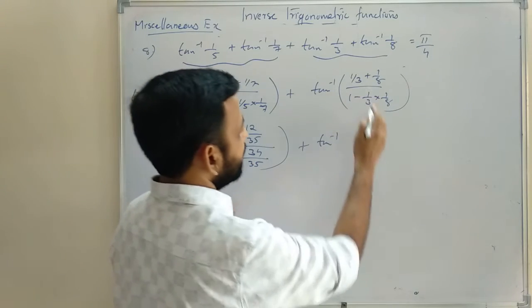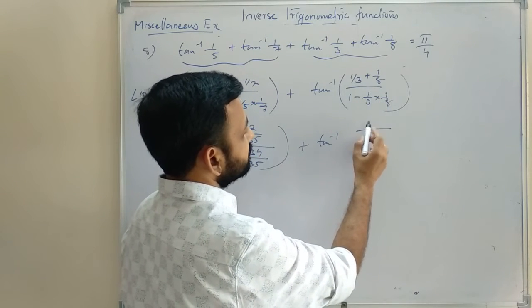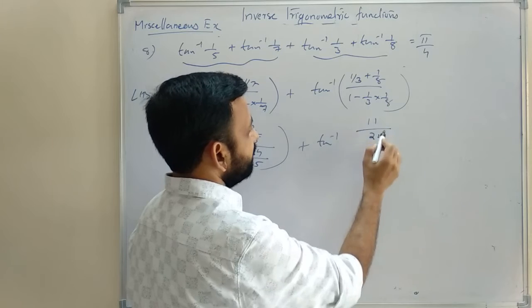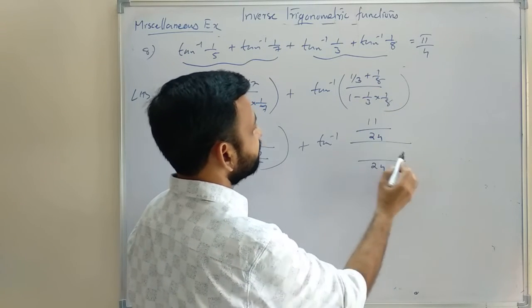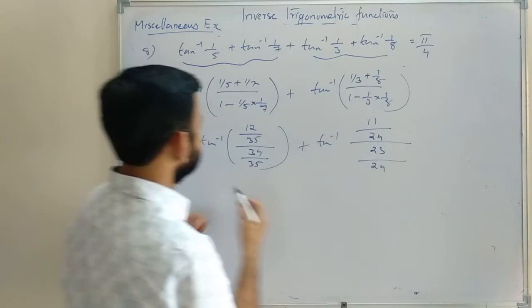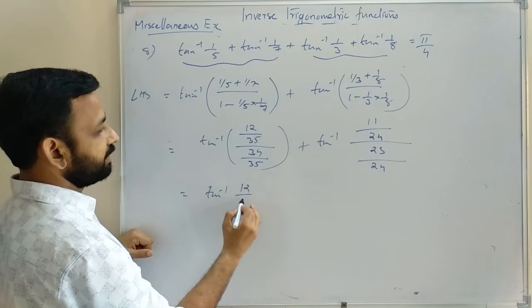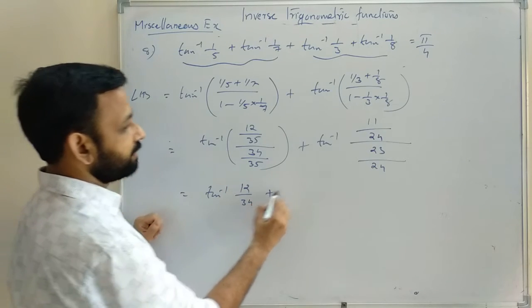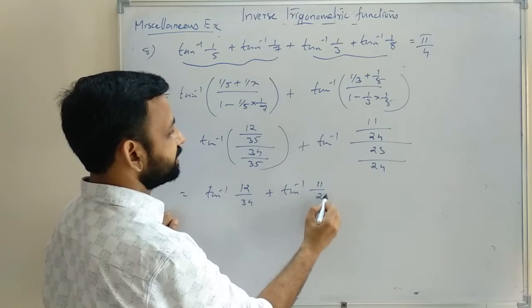And here LCM 24, the numerator will be 8 plus 3, 11, and the denominator 24 minus 1, that is 23. So this will be tan inverse 12 by 34 plus tan inverse 11 by 23.